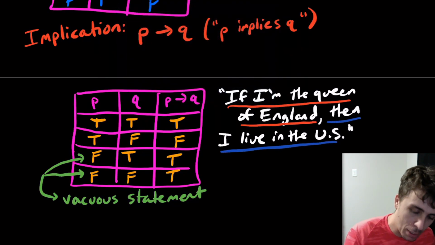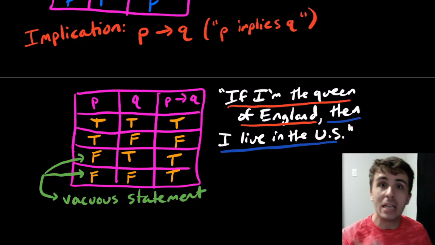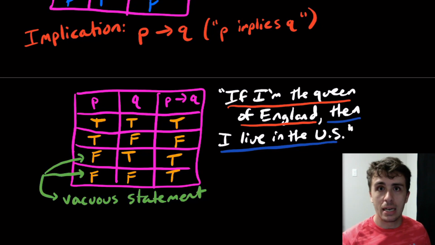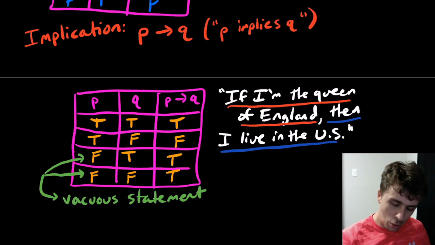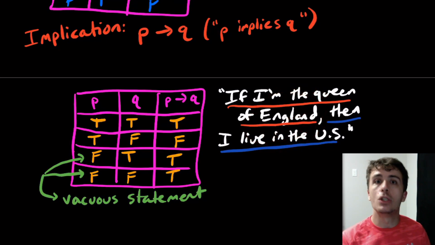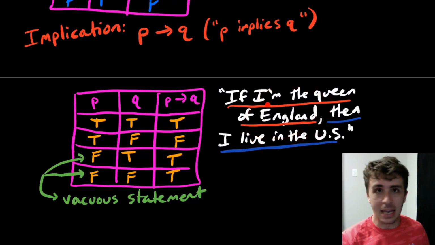The part in red is the P statement, and the part in blue is the Q proposition. The red statement, from what we talked about earlier, is false. And so this whole proposition is going to evaluate to true regardless of what the second half is, even though it's true, at least now.